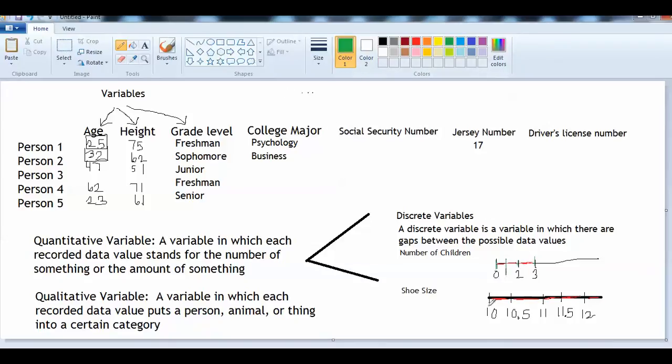So these green points are where the possible data values are. And we'll talk about a couple more examples.